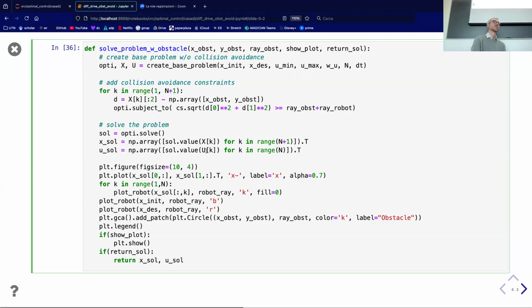If not, I don't have an obstacle of 0 radius. Okay, then I didn't get your suggestion. Can you repeat? If instead of the square root of the distance I use the norm squared. Okay, so no square root, basically. Yeah. But then I should use the square root on the other side.